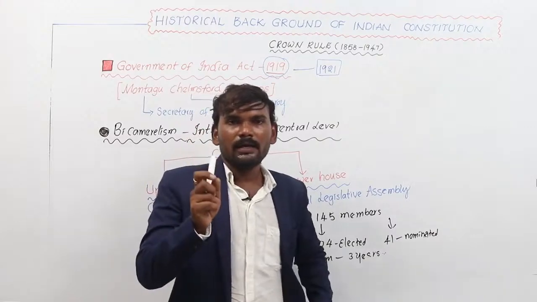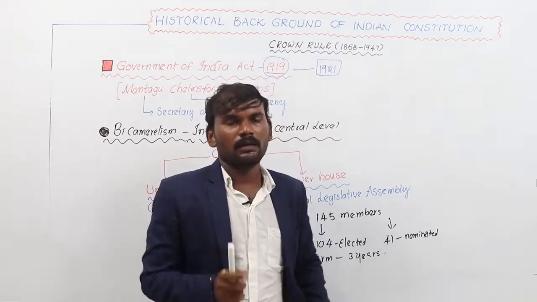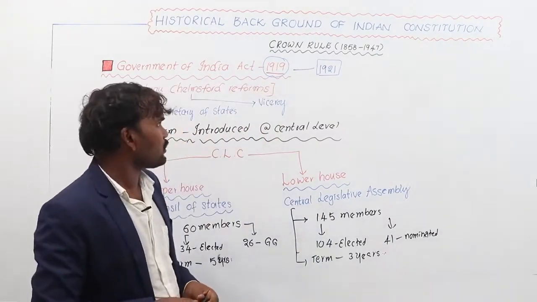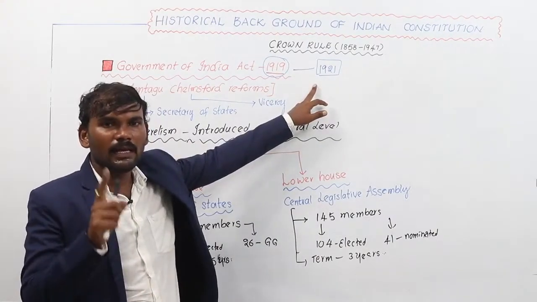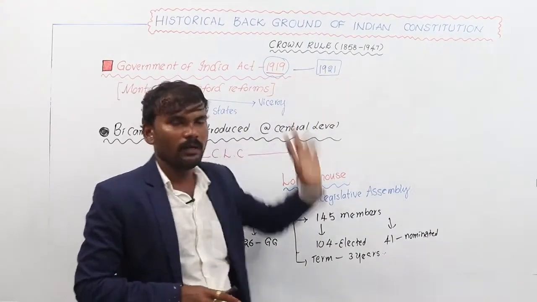As per the 1919 Act, for the first time in India, general elections were held in 1921.